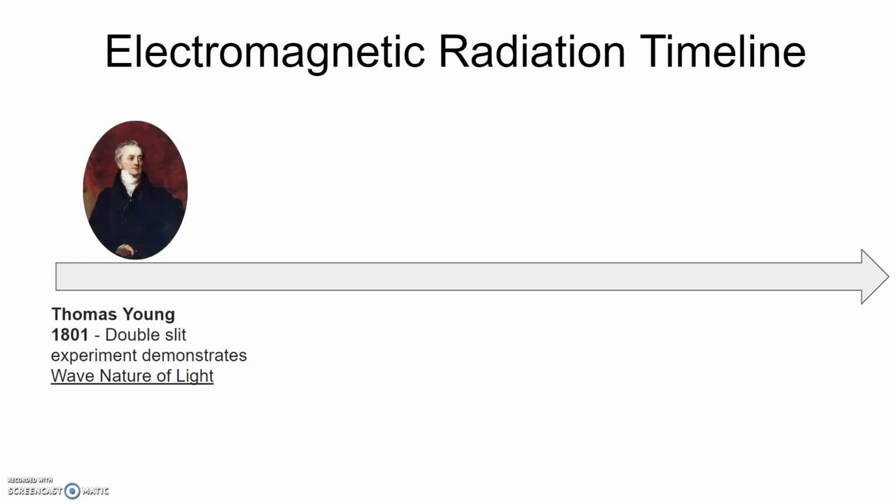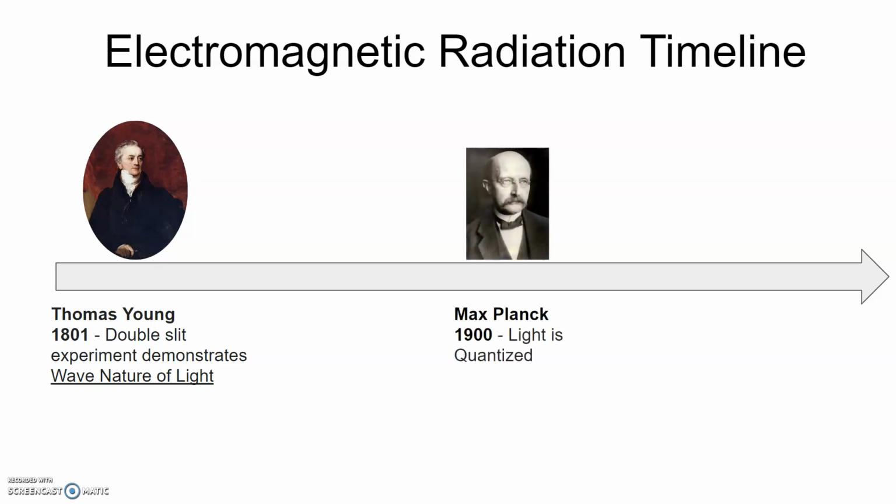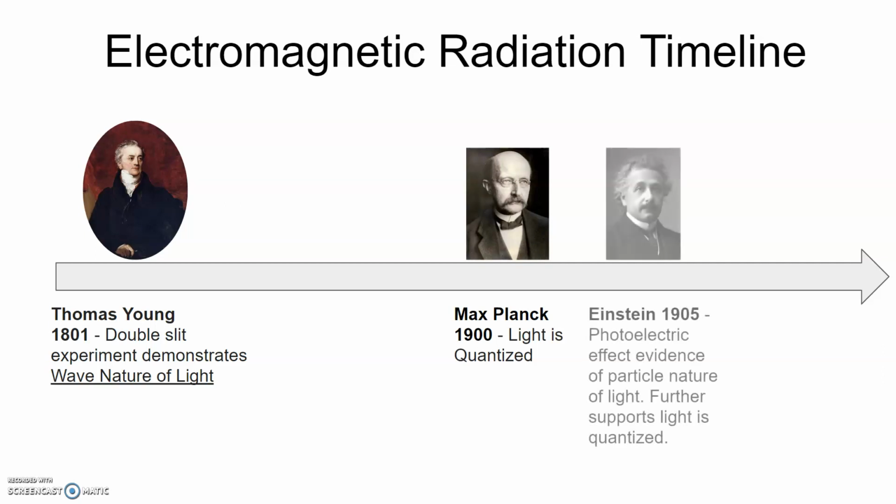So let's recap some of the things that came about in about the span of 100 years about electromagnetic radiation, starting with Thomas Young, the double slit experiment, which demonstrated the wave nature of light in 1801. And about 100 years later, Max Planck came up with the concept that light is quantized.